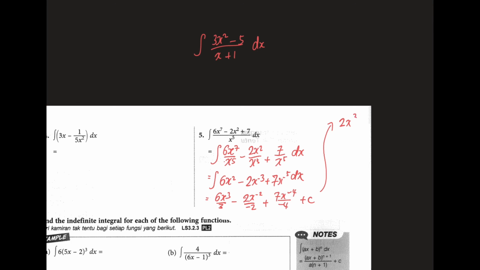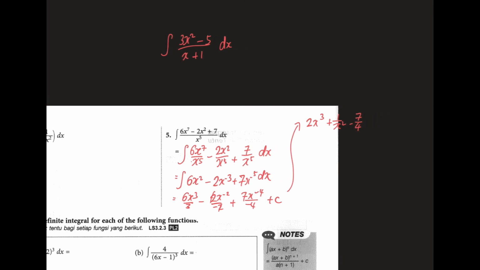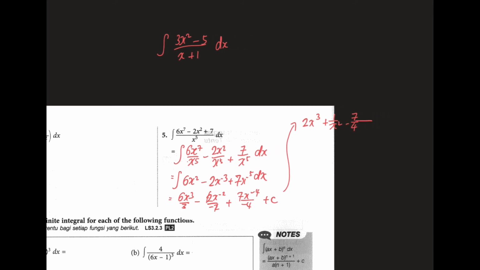Okay, we simplify it to 2x cubed plus, cut away the 2, minus becomes plus, x to the power of minus 2 I can bring down 1 over x squared, and then minus 7 over 4, x to the power of minus 4 I bring it down, x to the power of 4 at the bottom, plus c.